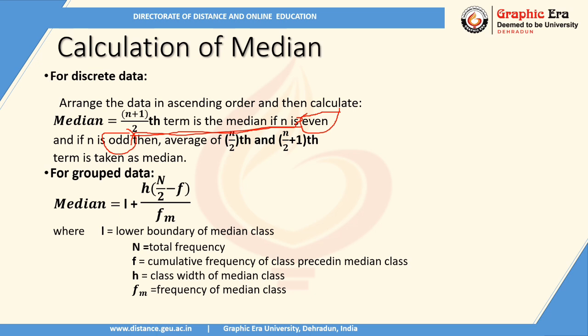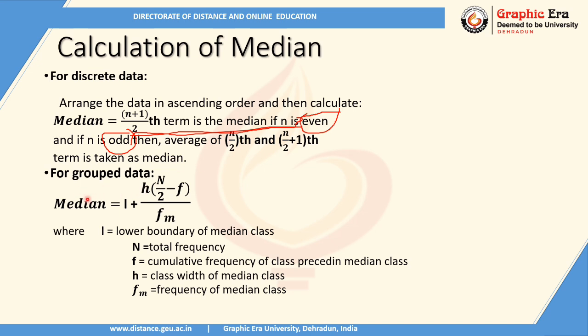So we find the median by the formula n plus 1 by 2th term if n is odd, and if n is even, then we find the average of the n by 2th term and the n by 2 plus 1th term. On this we will take some examples.